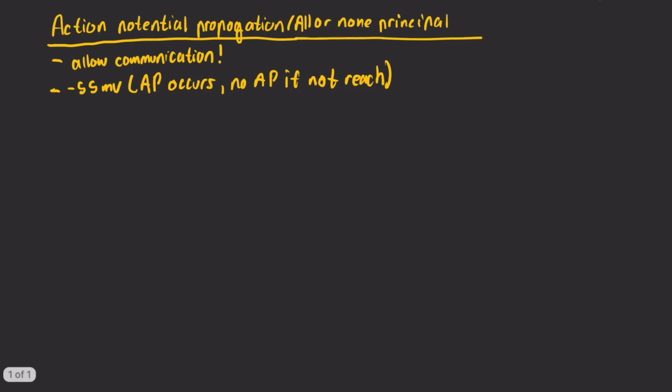So the action potential allows communication by propagating along the entire length of the axon, while the way that these action potentials work is that either they happen by reaching the threshold or they don't happen if they don't reach the threshold. So unlike the graded potential, where it just happens because there's a stimulation, here either it happens or it doesn't.